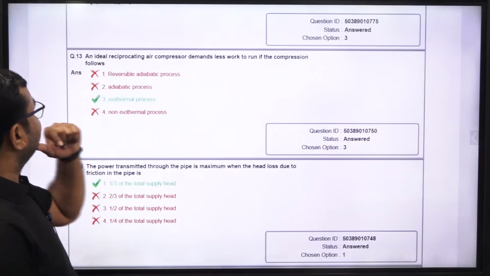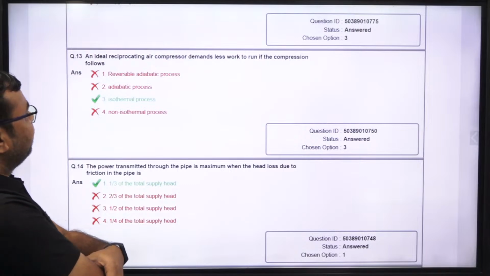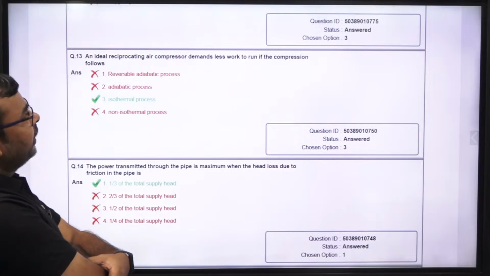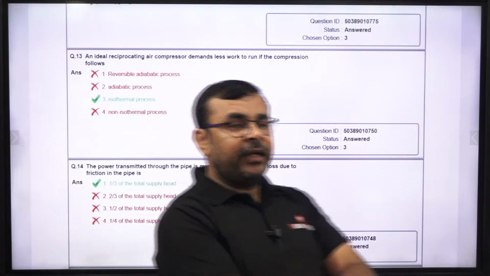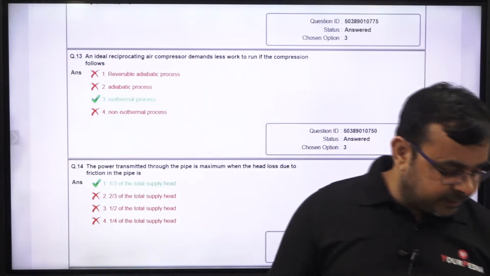Now you can see question 30: an ideal reciprocating air compressor demands less work to run if the compression follows. Anyone, can you tell me which one is the right answer?